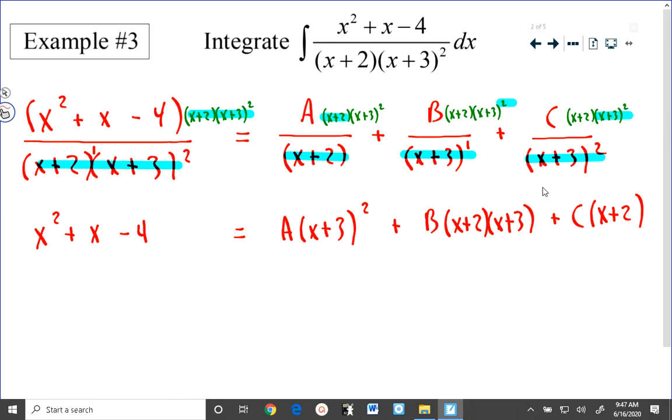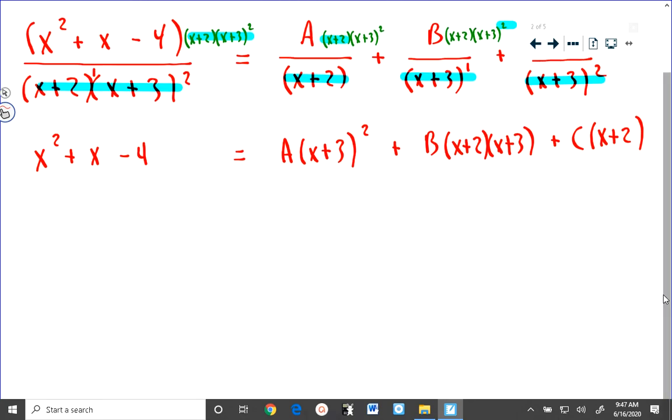And the shortcut was to reduce those factors to 0 by strategically picking certain values of x. But I said there's a more algebraic approach that we're not going to do. This was me on Monday telling you we're not going to do this algebraic approach. Well, now we have to. And what this algebraic approach involves is expanding out everything in this equation.